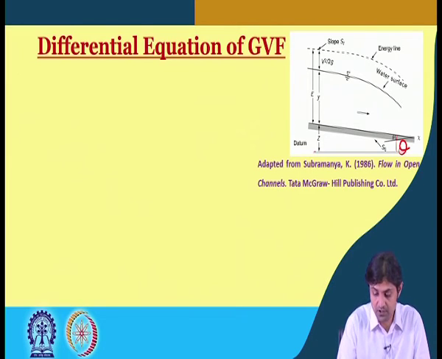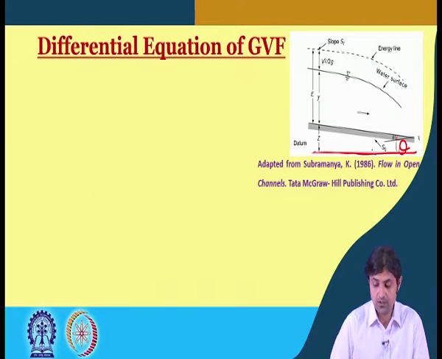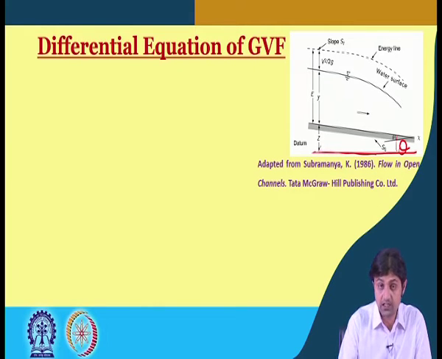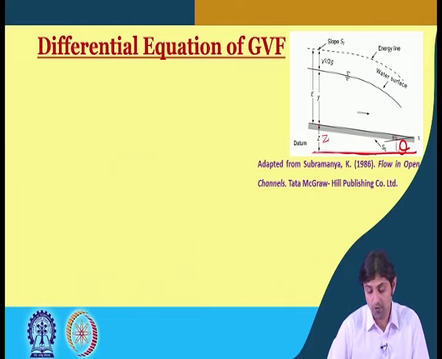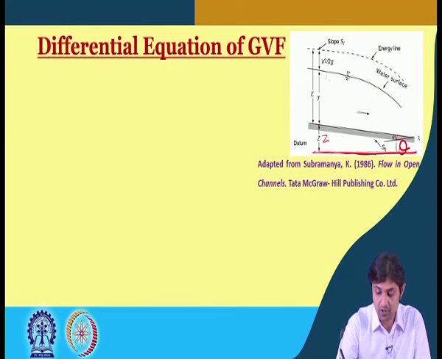The datum is given by this, all right, and the height of the bed at any point is at a distance z from the datum. The water depth is given by y, specific energy E is given here, and the energy line is given dotted like this, and this is the water surface.